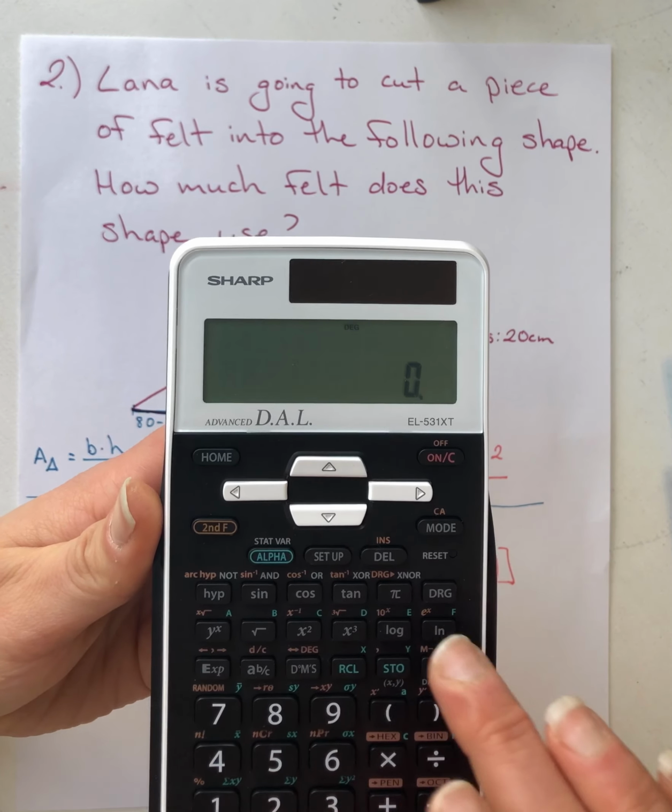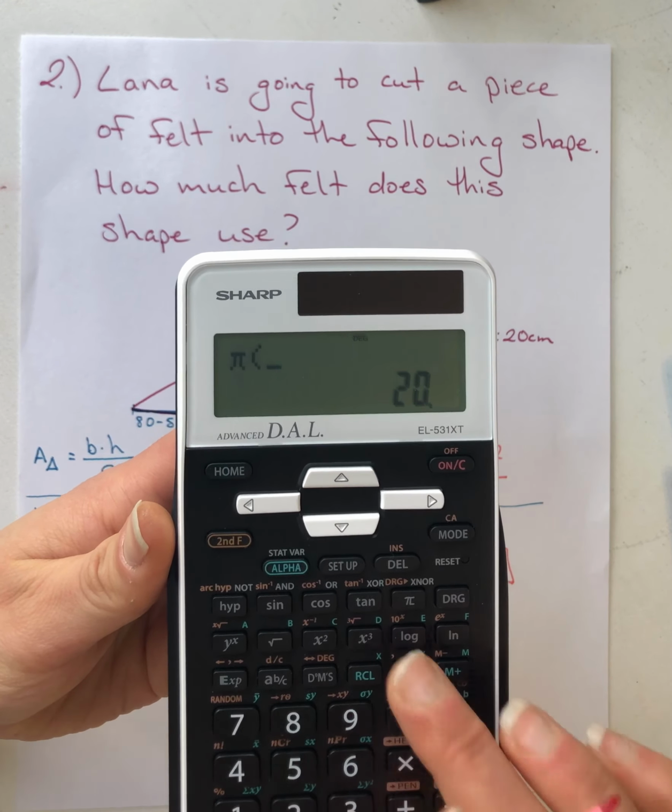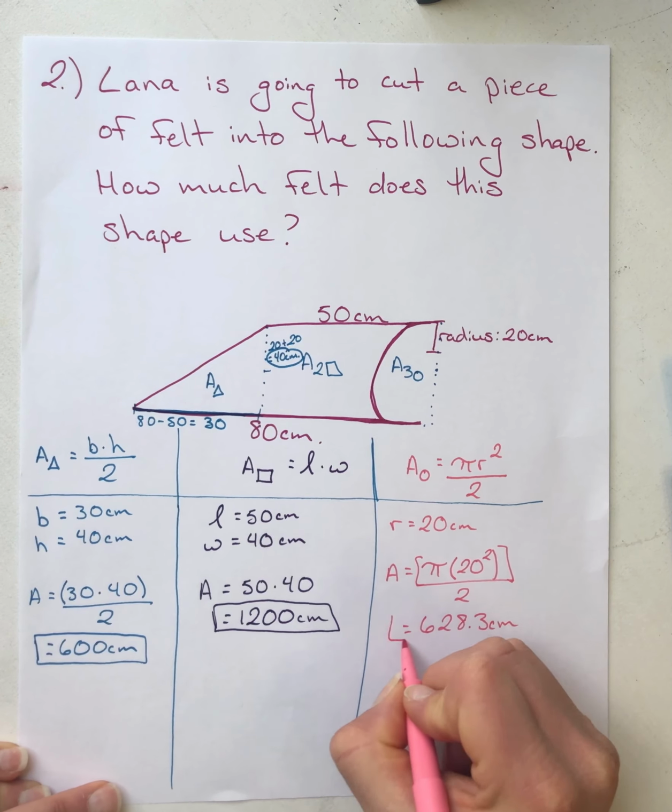So I'm going to do pi times 20 squared, and that gives me the top part, and then I divide it by 2, and I get 628.3. Sorry, my brain is not working this morning very well. Centimeters squared.